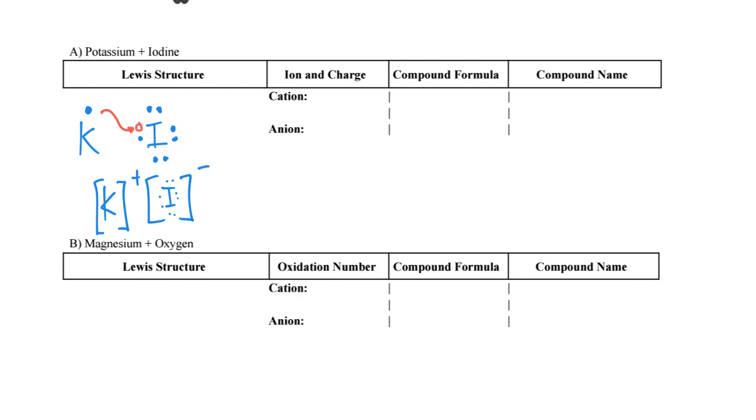So the cation is going to be a K plus. The anion is an I minus. The compound formula will be KI, and the compound name would be potassium iodide. So it picks up that "ide" suffix.